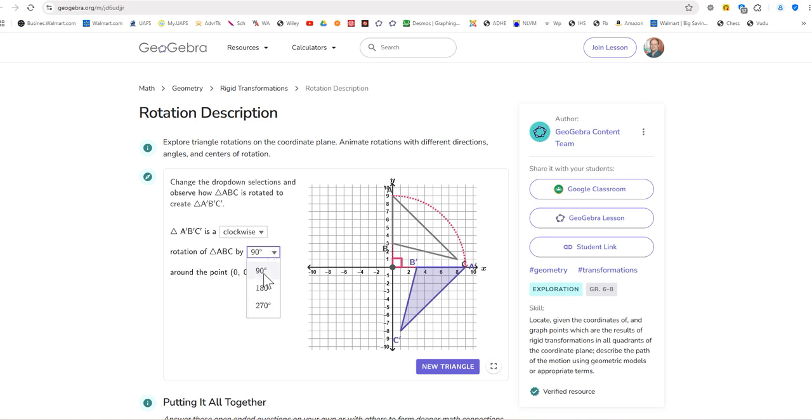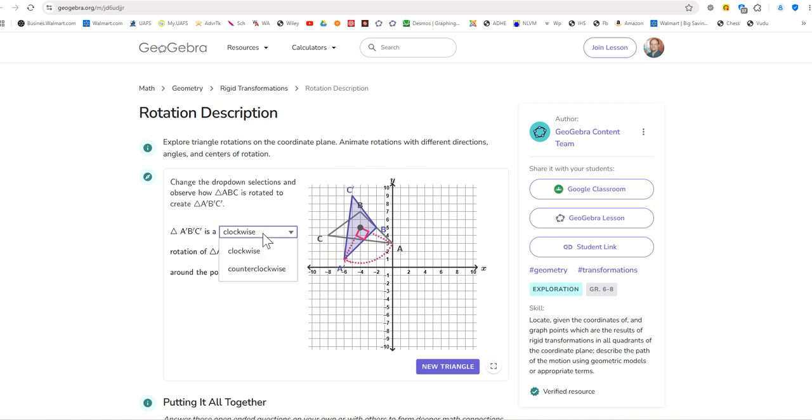So we can select these to see what's going on here. Let's see which one's the pre-image. Looks like we're going around this way, which is clockwise. So we want to check clockwise. Yeah, it's 90 degrees there.